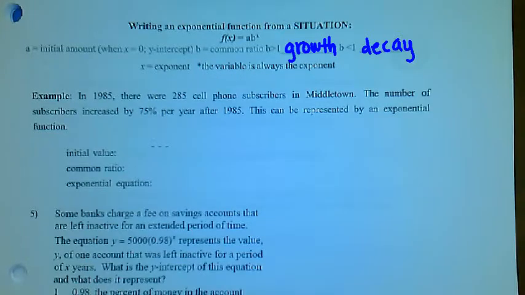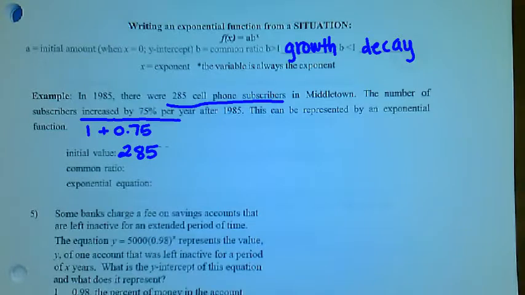Okay, so in 1985, there were 285 subscribers. Subscribers, not describers. Okay? The number of subscribers increased 75%. So that's going to be 1 plus 0.75. Okay? The initial value is 285 because that's what they told us. And then this is our common ratio.